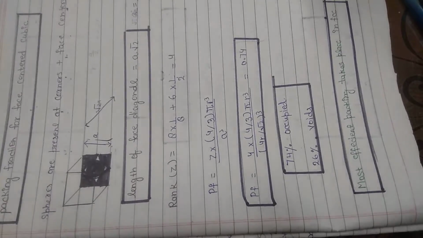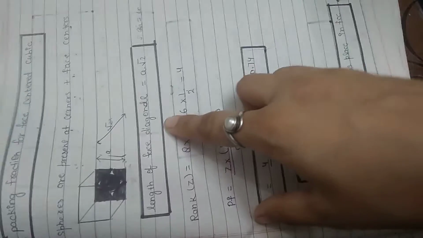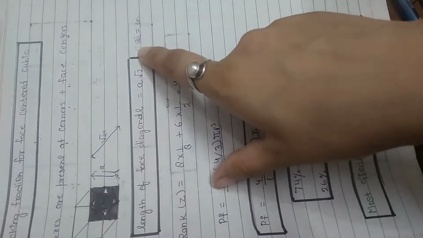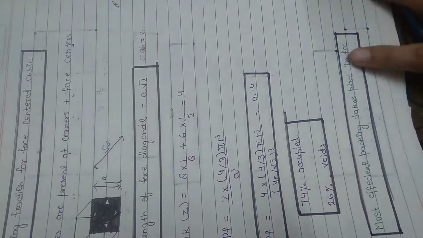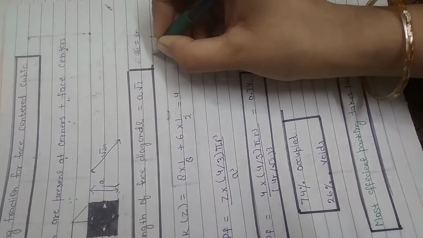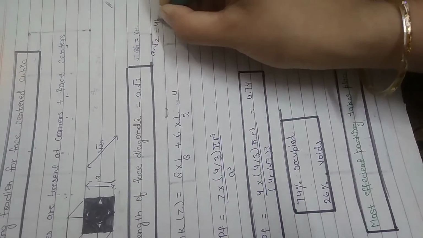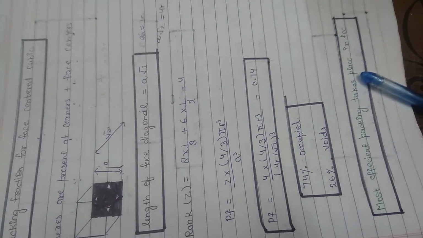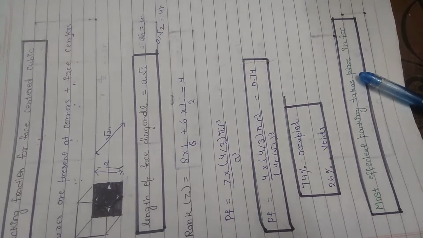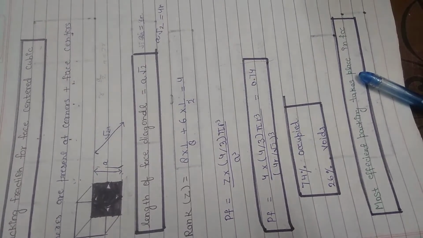So the length of the face diagonal is a under root 2, and a under root 2 is equal to 4r, because here also 4r is present: one atom on the backside, one atom on the front side, and also the atoms in the corners.